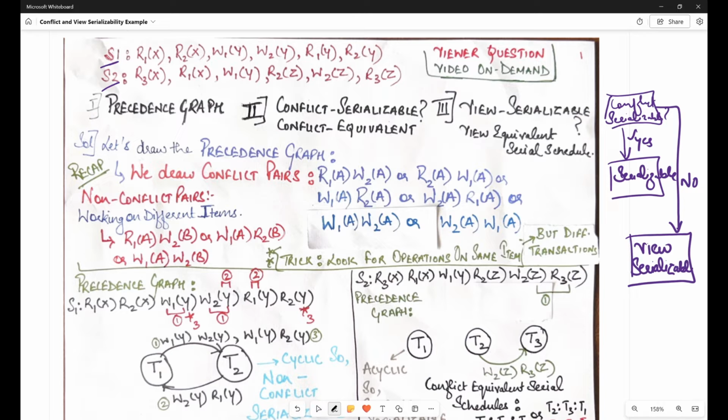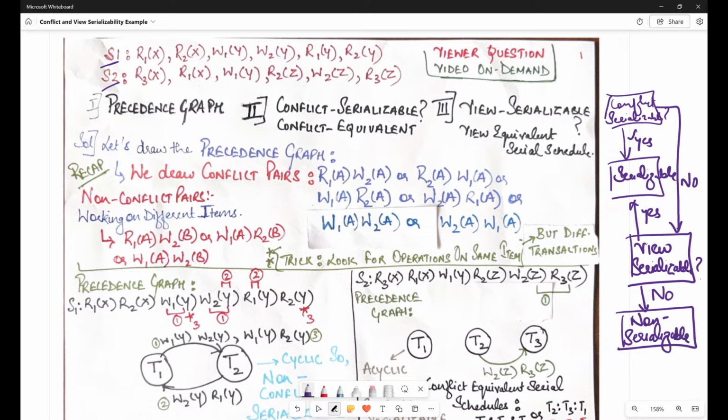If it is view serializable, and if it is a yes here, then also it is serializable, and if it is a no, then for sure it is non-serializable.